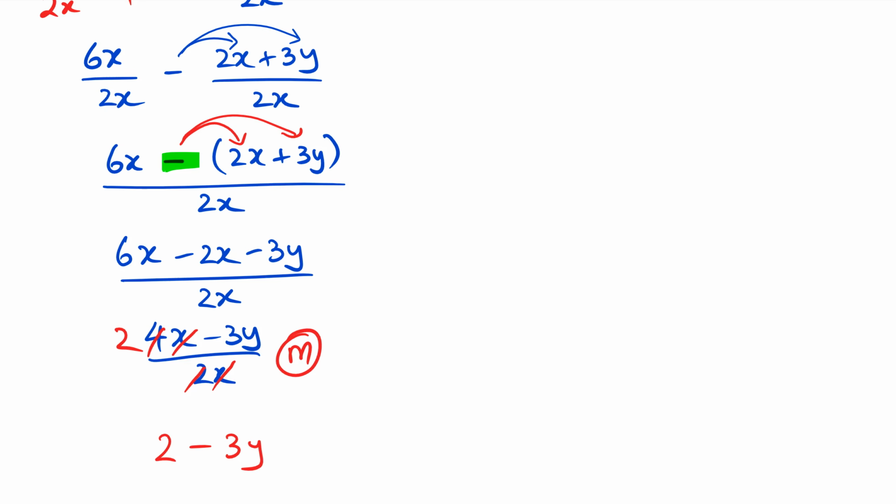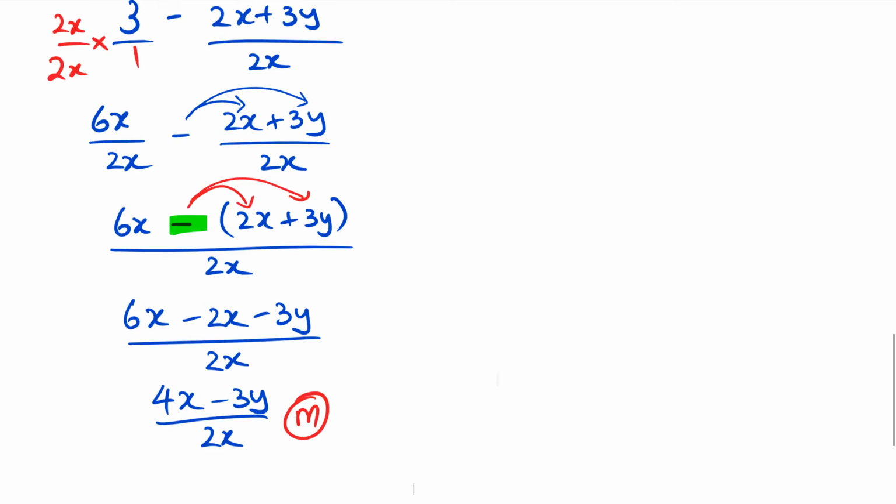Okay? Because you can't just cancel two elements like that. But what you can do is something like this if you want. But that defeats the purpose, because remember I wanted you guys to write it as a single fraction. So this is absolutely fine. You leave it right here, and then that becomes a merit there.